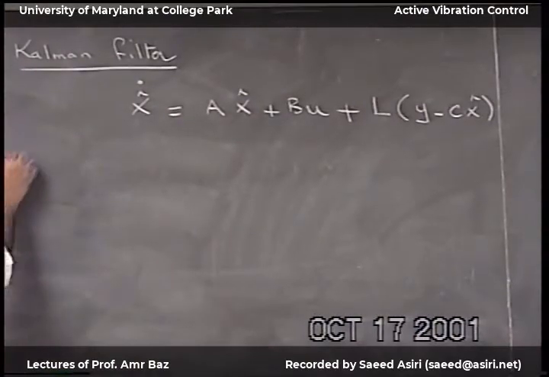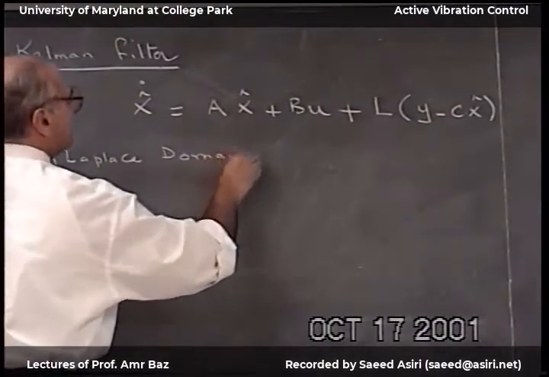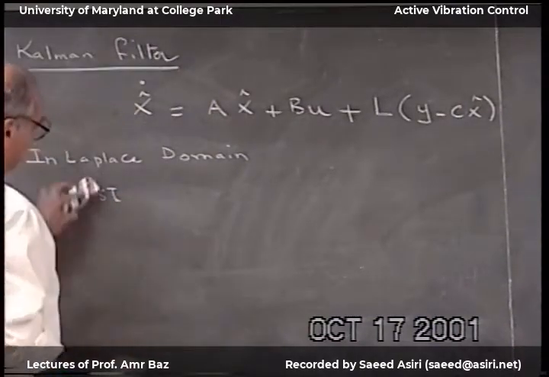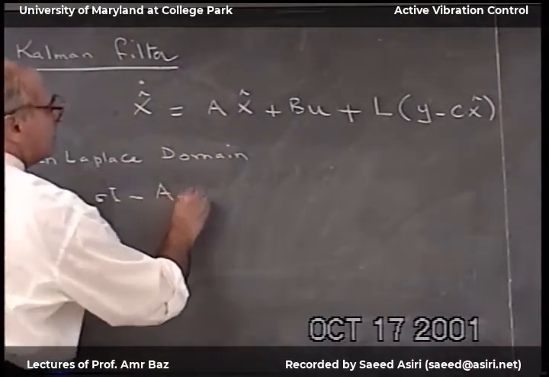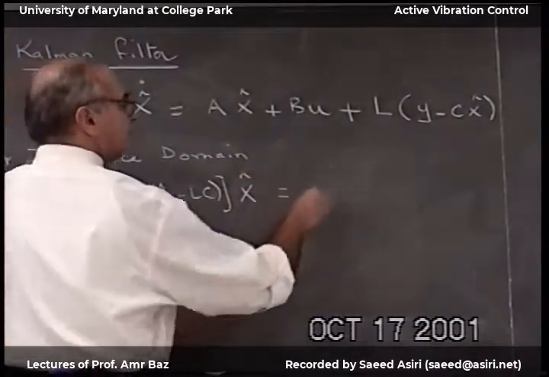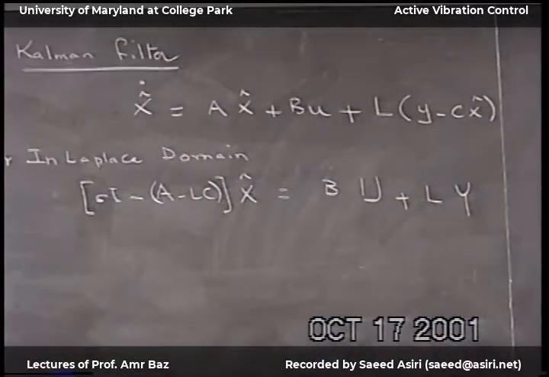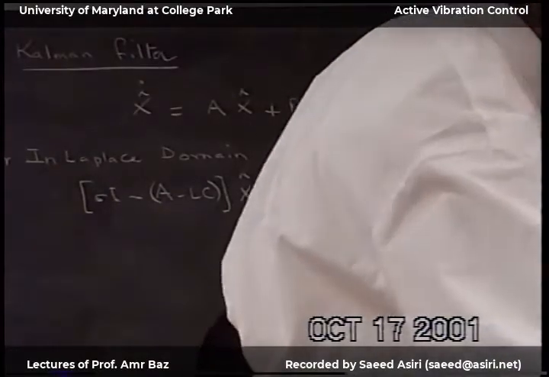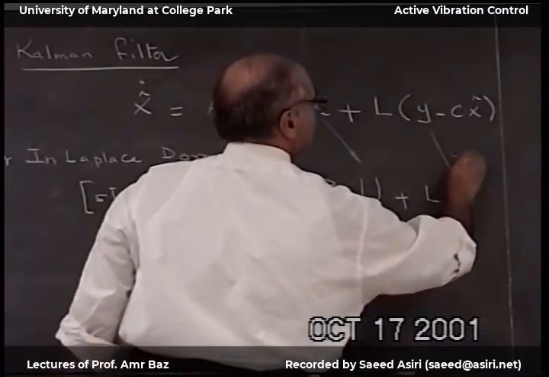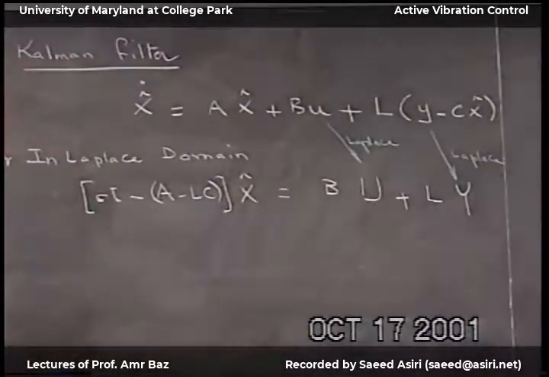Or in the Laplace domain, we'll have sI minus A minus LC, all operating on X hat, equal to B U plus L Y, where these are the Laplace transforms of the time domain signals.